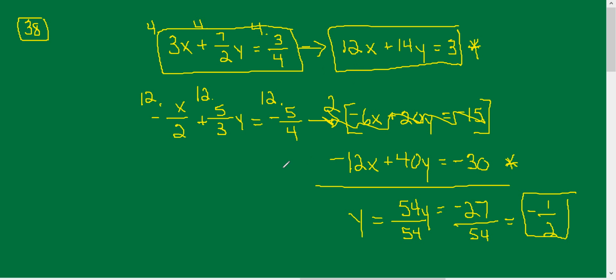Let's try this top one here. I've got y, I'm looking for x. So it's 3x plus 7 over 2 times negative 1 over 2. That's what y is. Equals 3 over 4.